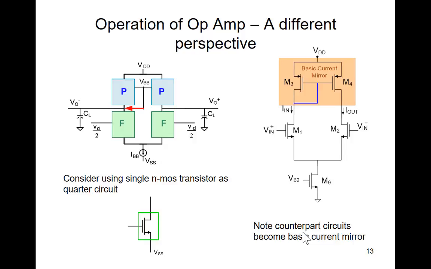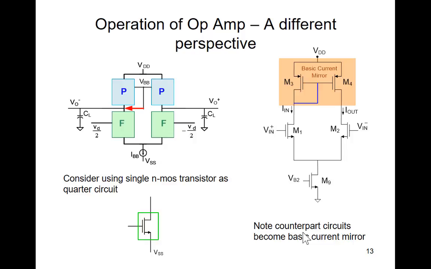This current over here was minus GM1 over 2 VD, because we have a symmetric differential excitation on the device.